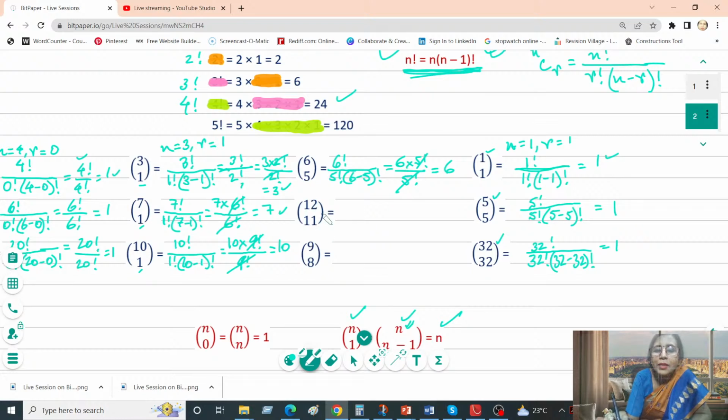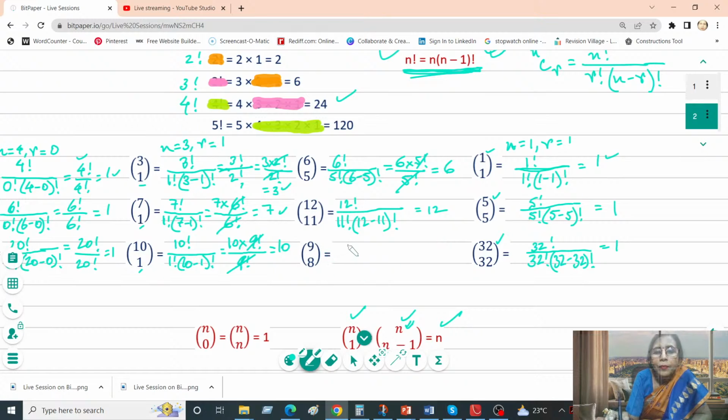Similarly, 12C11: 12 factorial over 11 factorial and 12 minus 11 factorial. So this can be written as 12 times 11 factorial over 11 factorial, which is equal to 12.